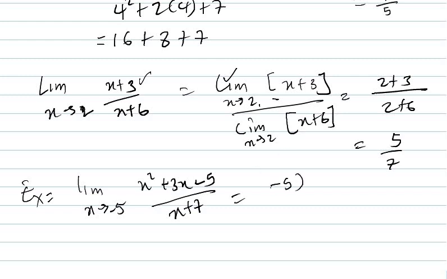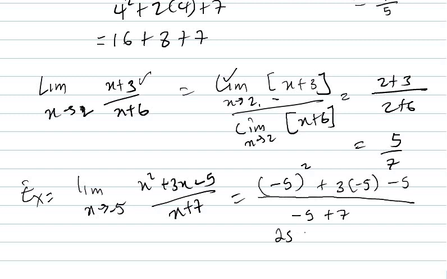So we have negative 5 squared + 3 times negative 5 - 5, then over negative 5 + 7. So negative 5 squared is 25, plus 3 times negative 5 is negative 15.